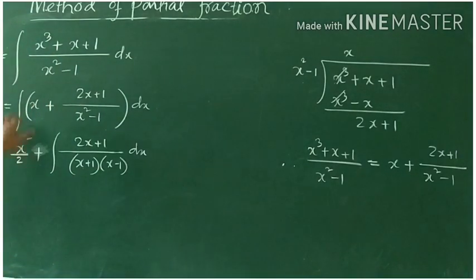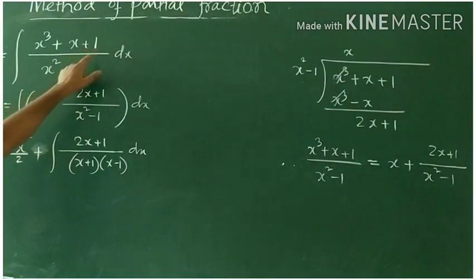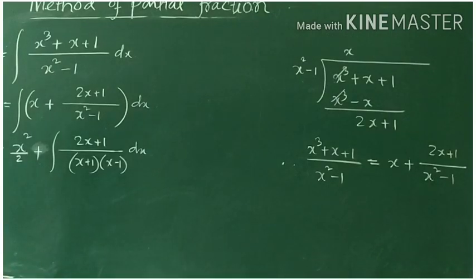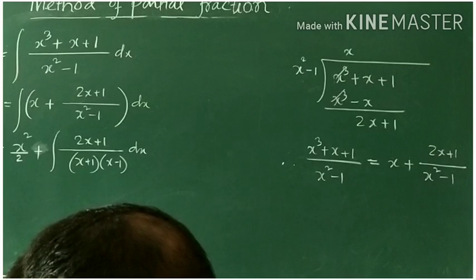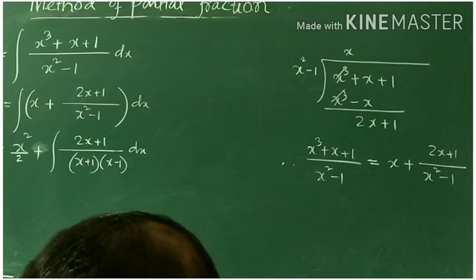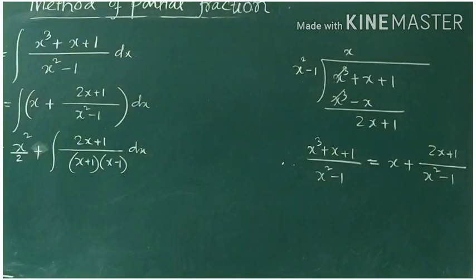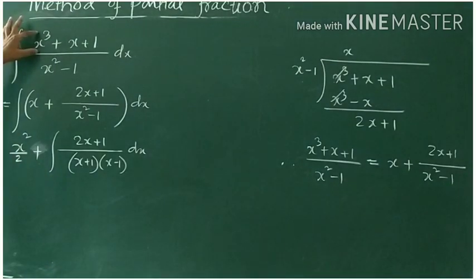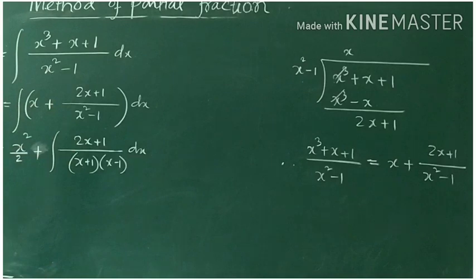I have chosen a particular problem that is called integration of (x cube plus x plus 1) divided by (x square minus 1). Okay, and in this question you see the numerator is a polynomial of degree 3 and denominator is a polynomial of degree 2, and therefore it is an improper rational polynomial function.